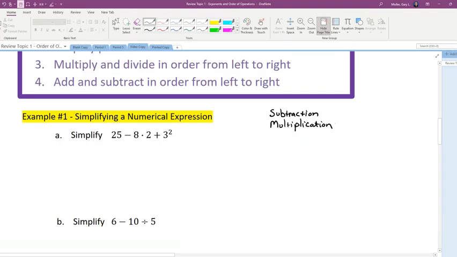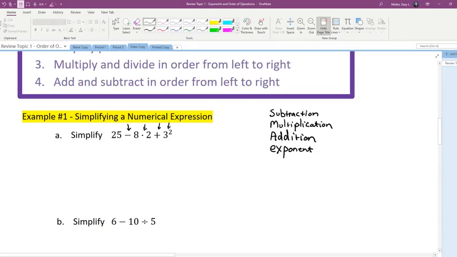Then I have an addition. And on the farthest right, I have an exponent. So I have my subtract, my multiply, my add, and then this 3 to the second power, which is the fourth operation.